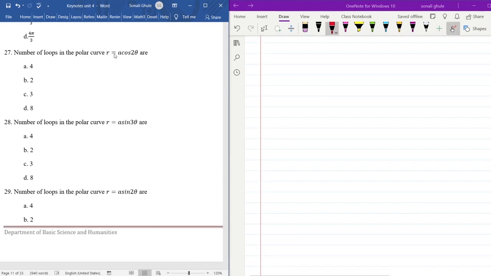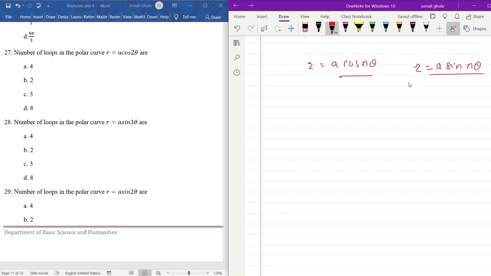Number of loops. Now look here, r equals to a cos n theta and r is equals to a sin n theta. These are the polar curves and this is the form of rose curve. Number of loops depends on this n. If n is even then number of loops is 2n, and if n is odd then number of loops is n. Now here n is even, so number of loops is 2n, that is 2 into 2, 4 is your correct option.